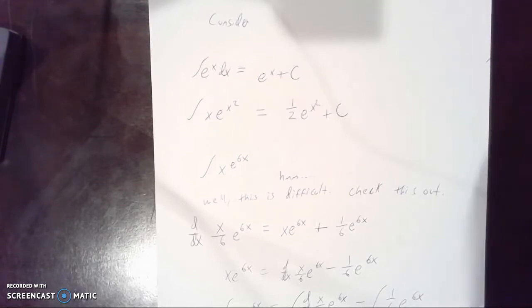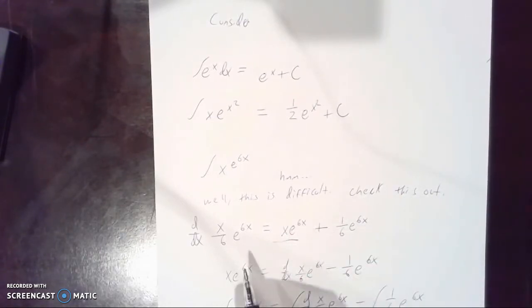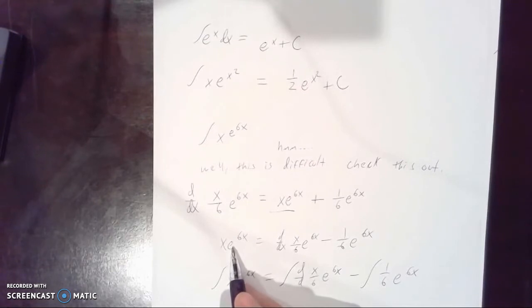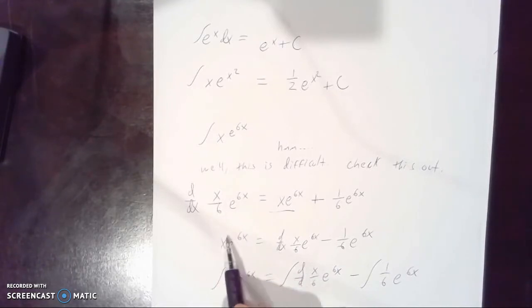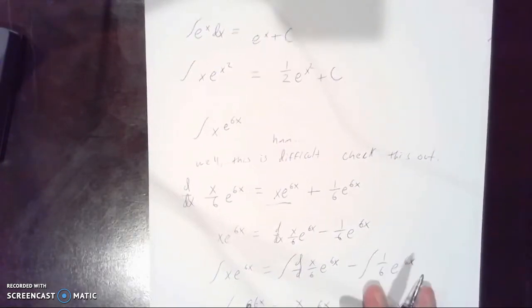Well, that part that we want, let's isolate that on its own and subtract the 1/6 e to the 6x over to the other side. So now x e to the 6x is the derivative with respect to x of x over 6 e to the 6x minus 1/6 e to the 6x.